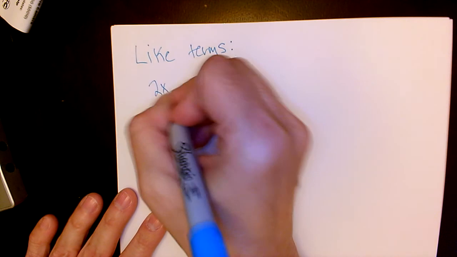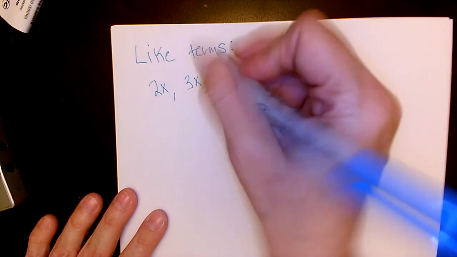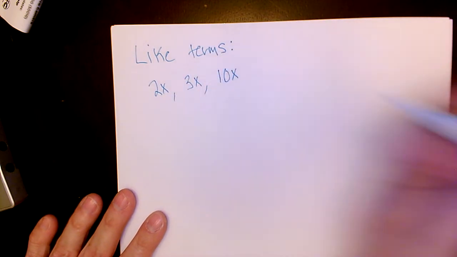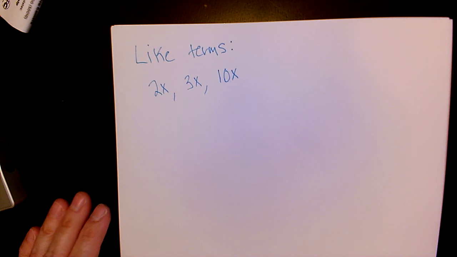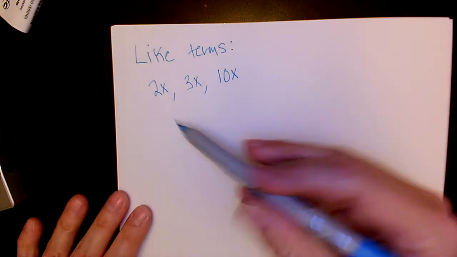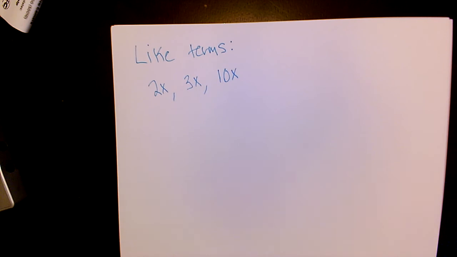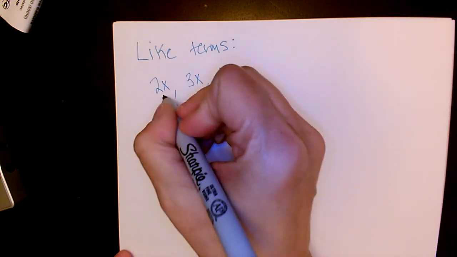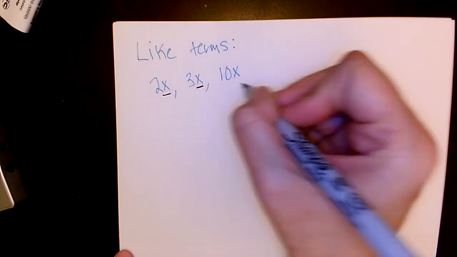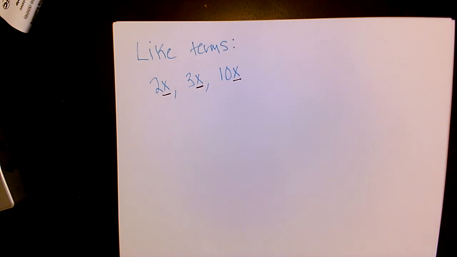So 2x, 3x, and 10x are all like terms. We don't care about the number part. We just see that the variables match up.